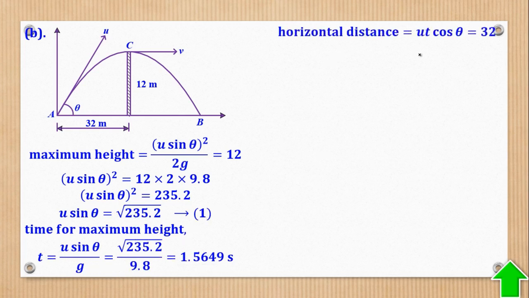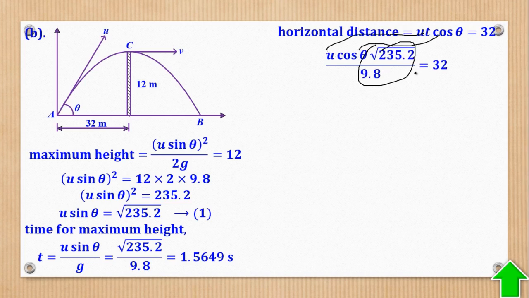Then the horizontal distance is u t cos theta, which is equal to 32. So t is this, and u is here, cos theta is here. So come and simplify.